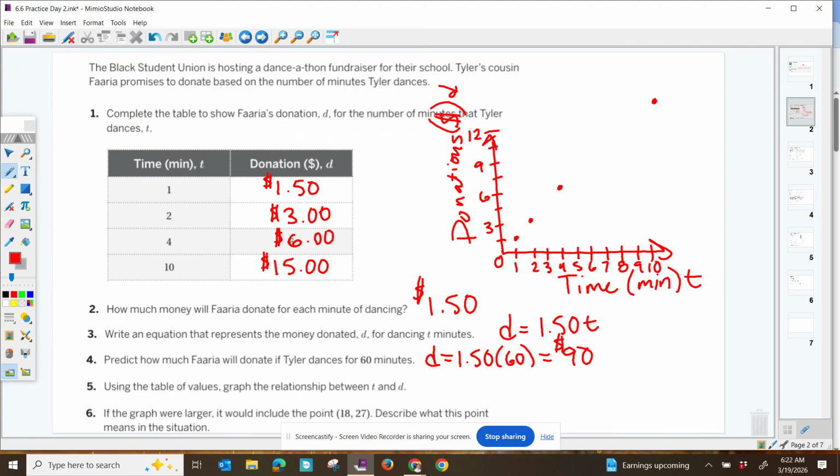And so then this is what would be the point 18, 27. It's off my chart, but 18, 27 means for 18 minutes equals a donation of $27. Okay.